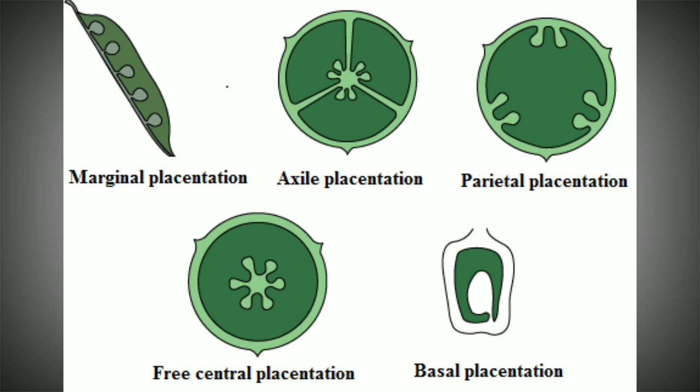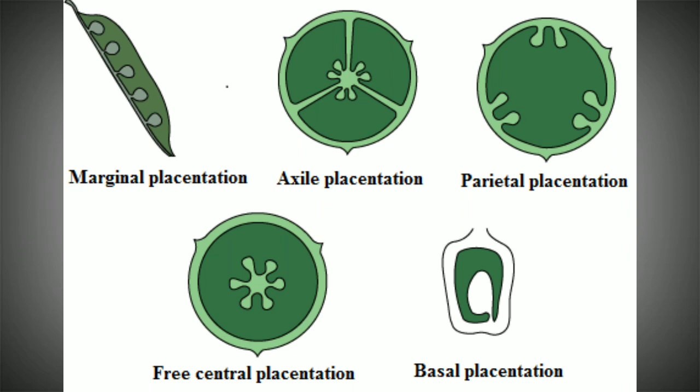And lastly comes the free central placentation. In free central placentation, as it is said, the ovules are borne on the central axis and the septa are absent. So the ovules are just borne at the center of the ovary, and there is no separation over that, and it will again be unilocular.